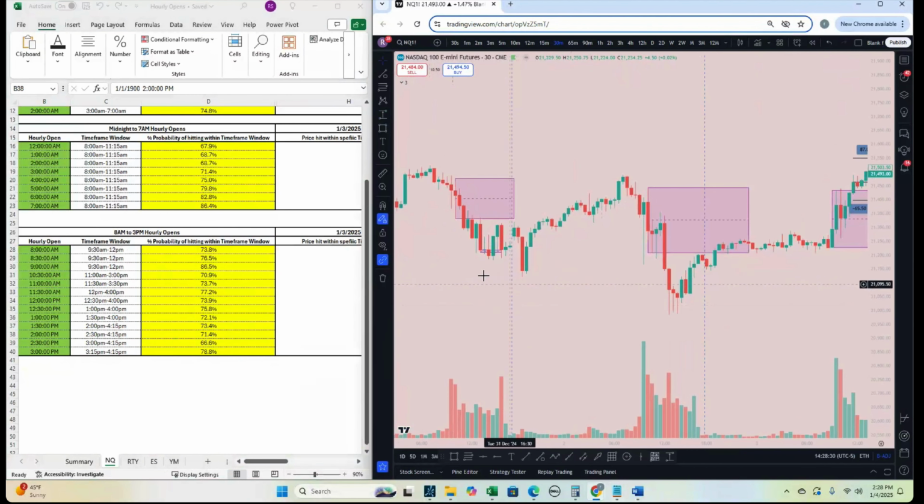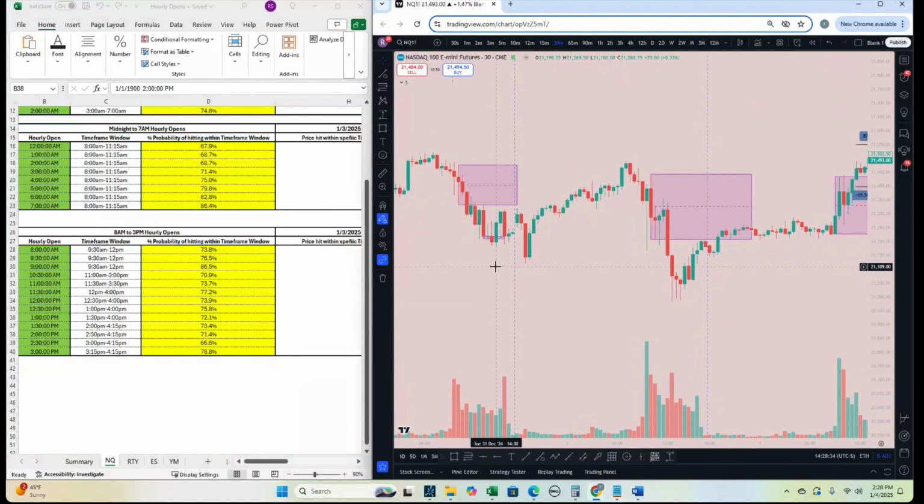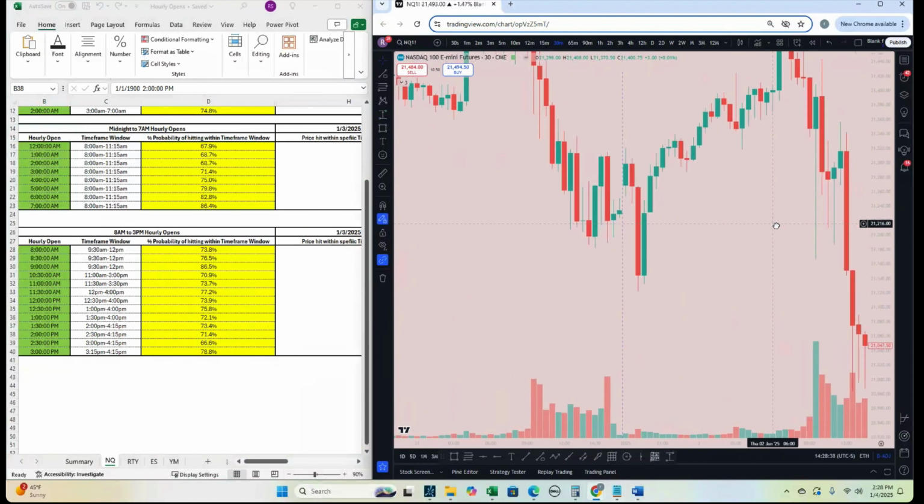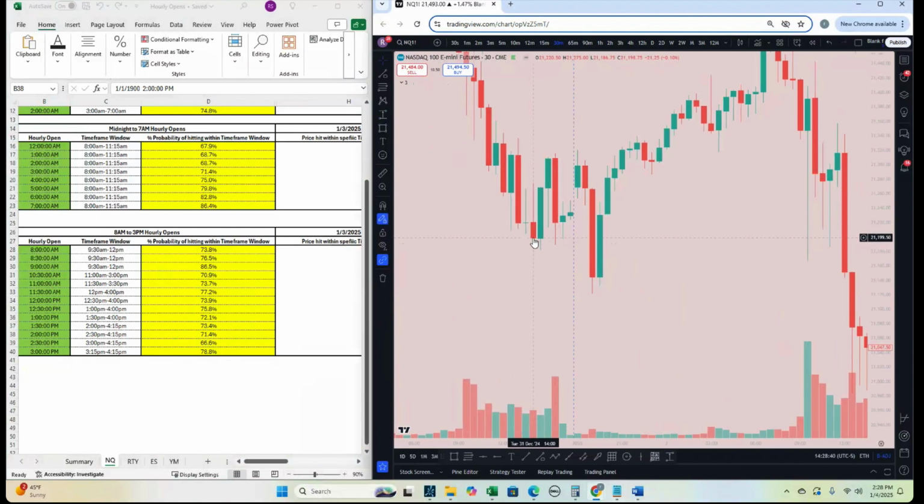Right? What I typically do is I use the wick, right? So if we have a red candle here, say for instance at 2 o'clock, between 2:30 and 4:15, there's a 71% chance that we're gonna hit this 2 o'clock open.